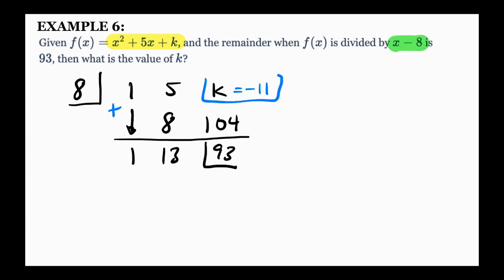Has to be a negative 11 because it has to go down from 104 to 93. If a negative 11 was there, we would add negative 11 plus 104, and we would get 93. That's how we know it's negative 11.